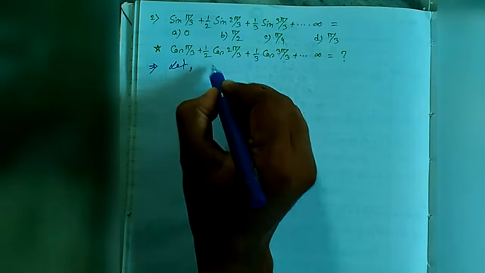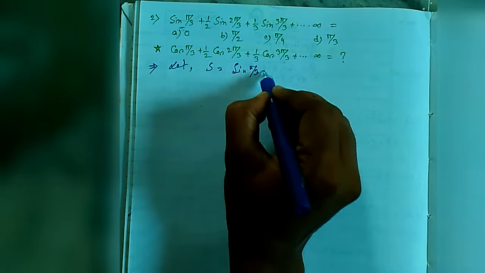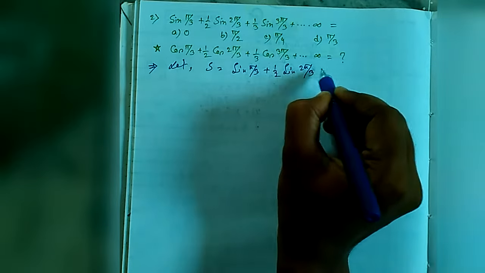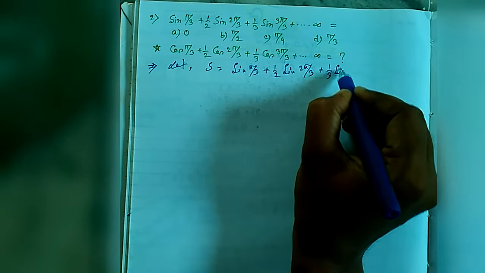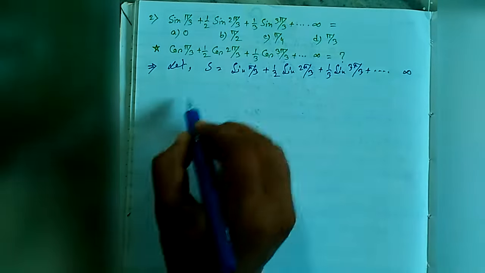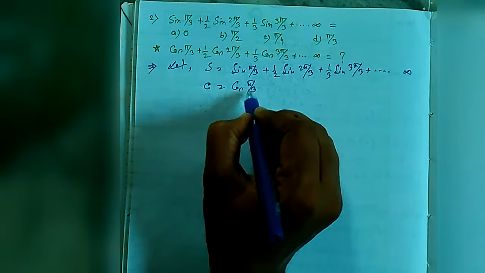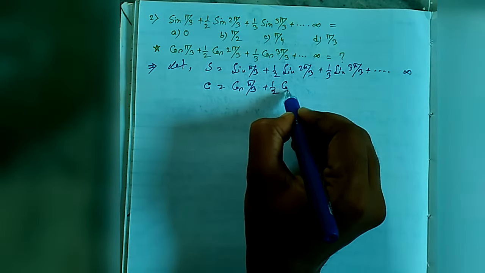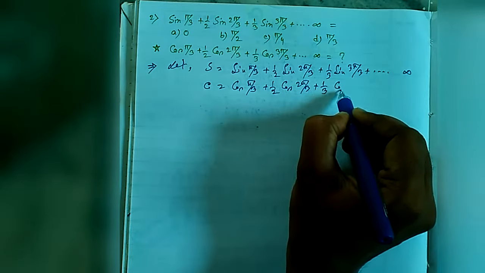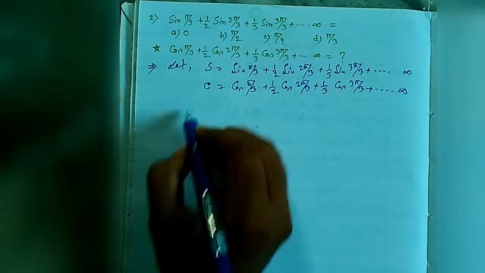Suppose S equals sin pi by 3 plus half of sin 2 pi by 3 plus 1/3 sin 3 pi by 3 plus dot dot dot to infinity. Again C means cos of pi by 3 plus half of cos 2 pi by 3 plus 1/3 cos of 3 pi by 3 plus dot dot dot to infinity.